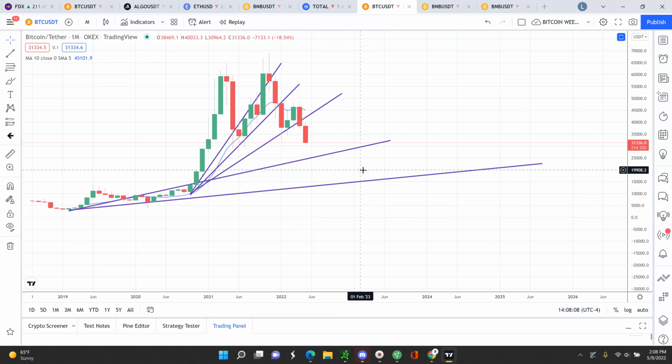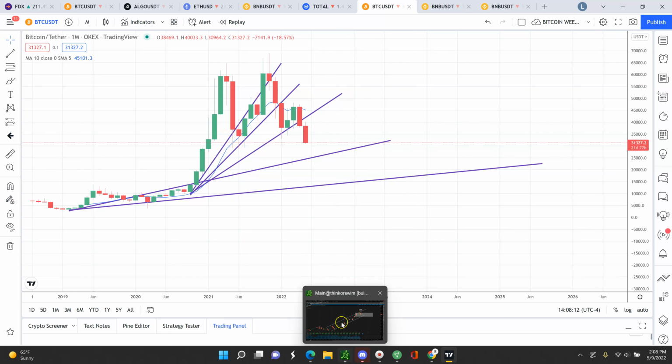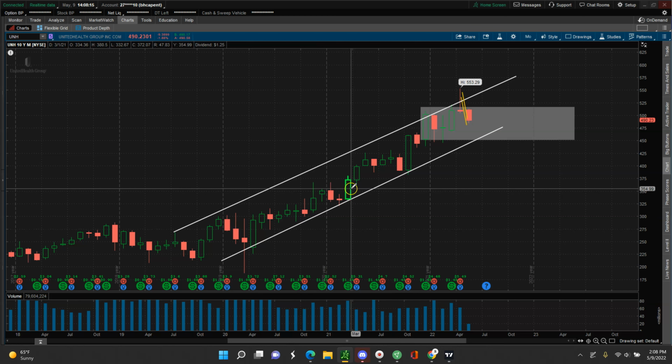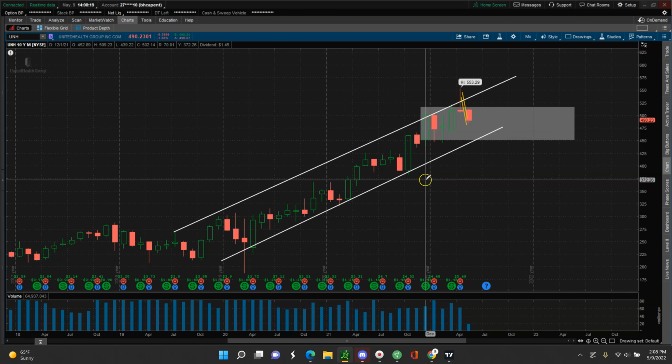So hopefully that answers your question about how to tell when a trend is changing. You draw your trend line and you watch for price to touch those areas. And when they touch those areas, you want them to either hold or fold. If they fold, then maybe sentiment is changing, maybe the trend is changing.